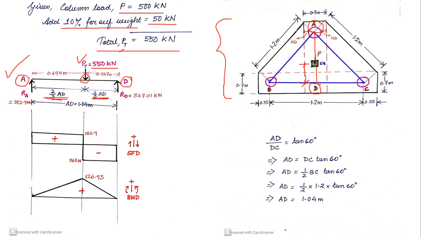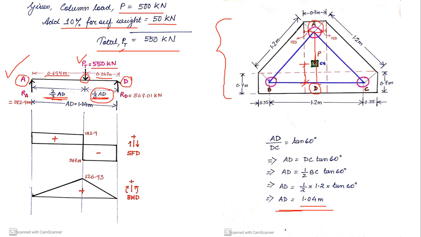Now from our previous calculations, we have already got that AD was 1.04 meters, right? So I can obtain the value of 1/3 of AD. You will find that it turns out to be 0.347 meters. Similarly, you can calculate the value of 2/3 of AD, which will be coming out to be 0.694 meters.